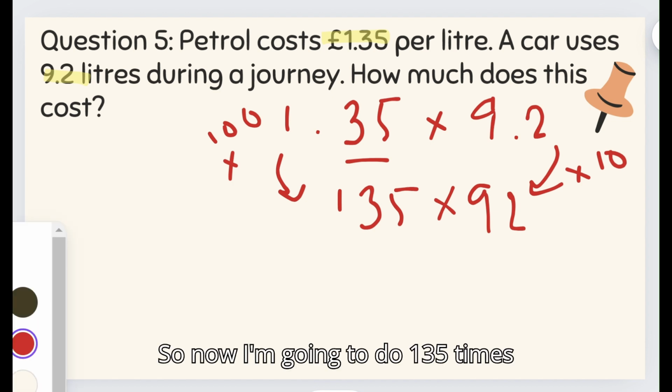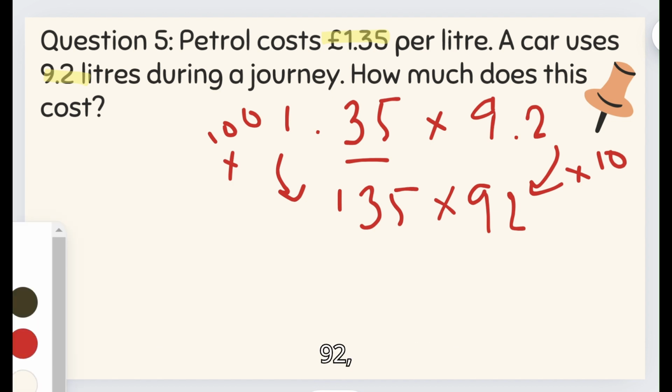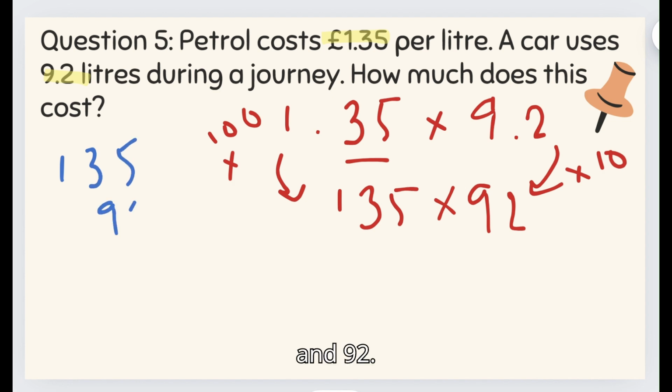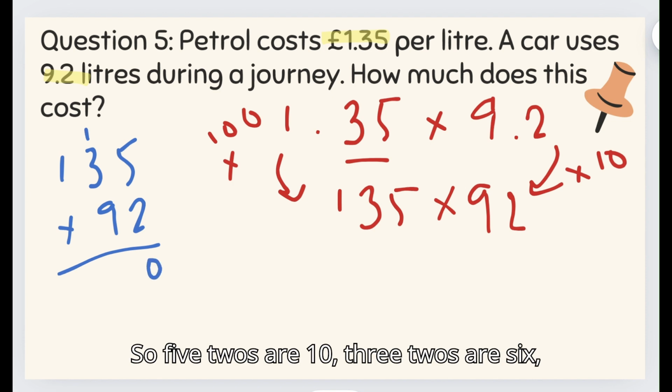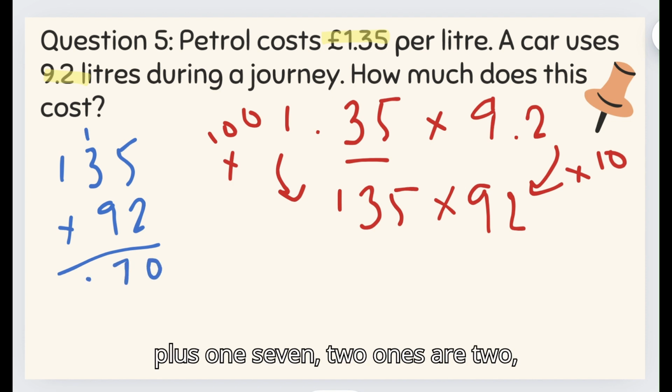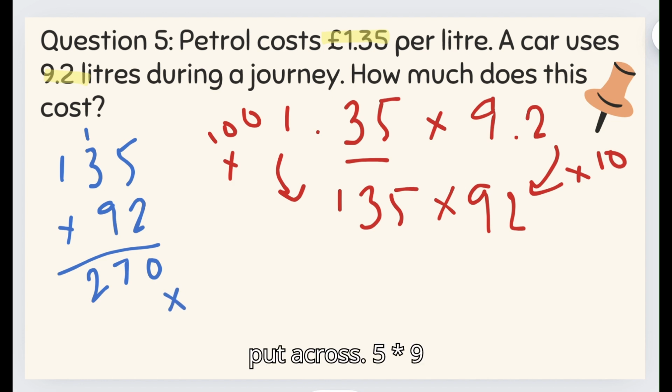So now I'm going to do 135 times 92. 5 2s are 10, 3 2s are 6, plus 1 is 7, 2 1s are 2. Put a cross. 5 times 9 gives me 45. 9 times 3 gives me 27, plus 4 gives me 31.